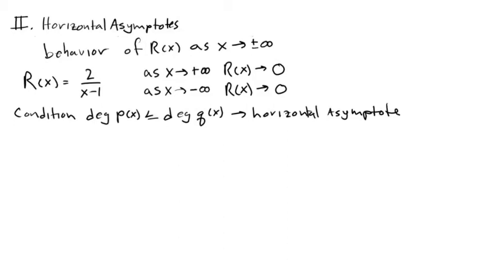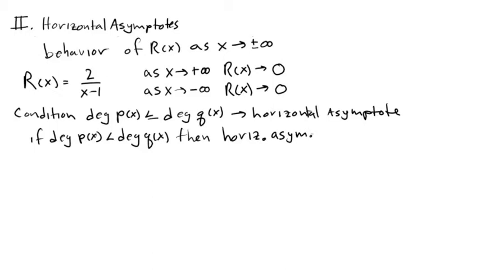So if the degree of p of x is strictly less than the degree of q of x, like it is here in our example function, then the horizontal asymptote is going to be y equals 0.